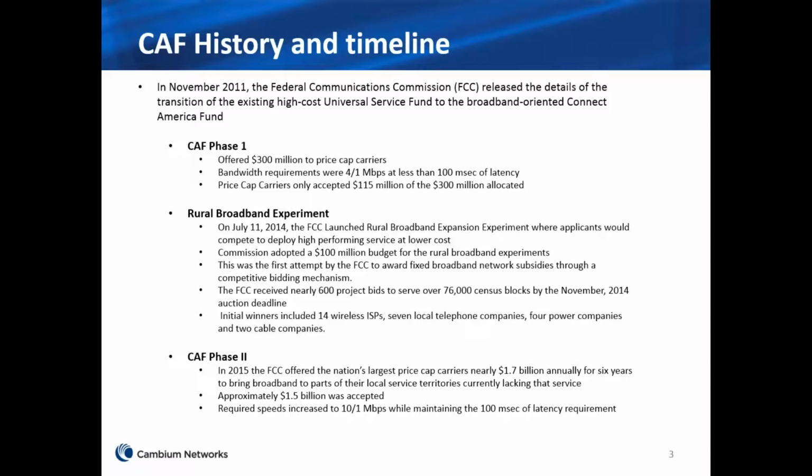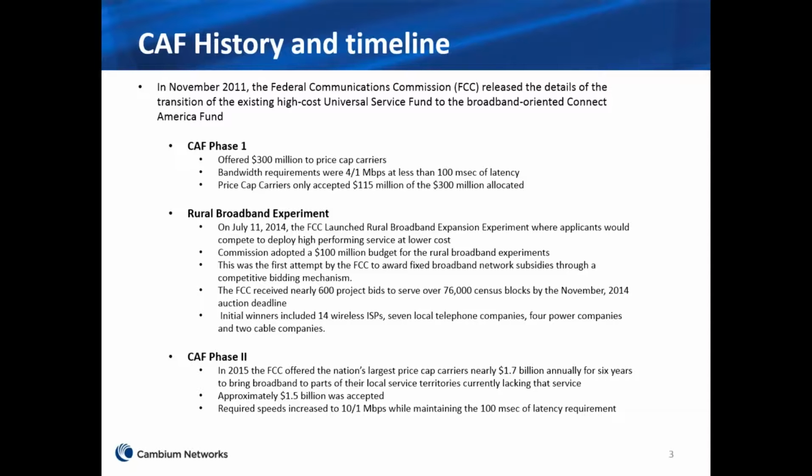To fully understand where we are now, it helps to review the history of the Connect America Fund and how the requirements and the process have evolved. Way back in November of 2011, the FCC released the details of transition of the high-cost Universal Service Fund to the broadband-oriented Connect America Fund.